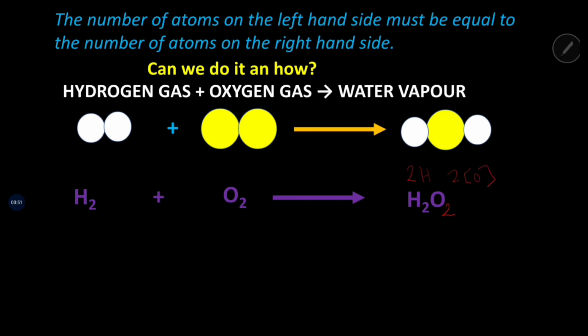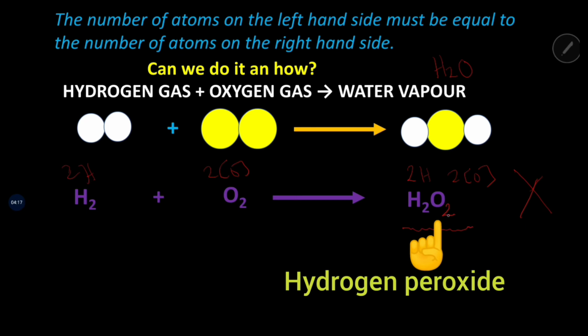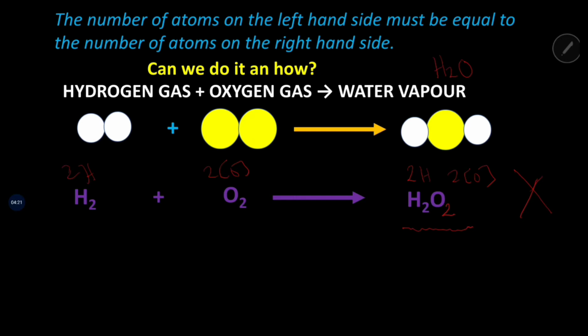Here I've got two of the oxygens and here I've got two hydrogens. However, this way is totally incorrect because I've made a different compound now. I've made something with a different formula to the water vapor. Water vapor is H2O. This compound H2O2 is actually hydrogen peroxide. So this way of balancing is totally incorrect.